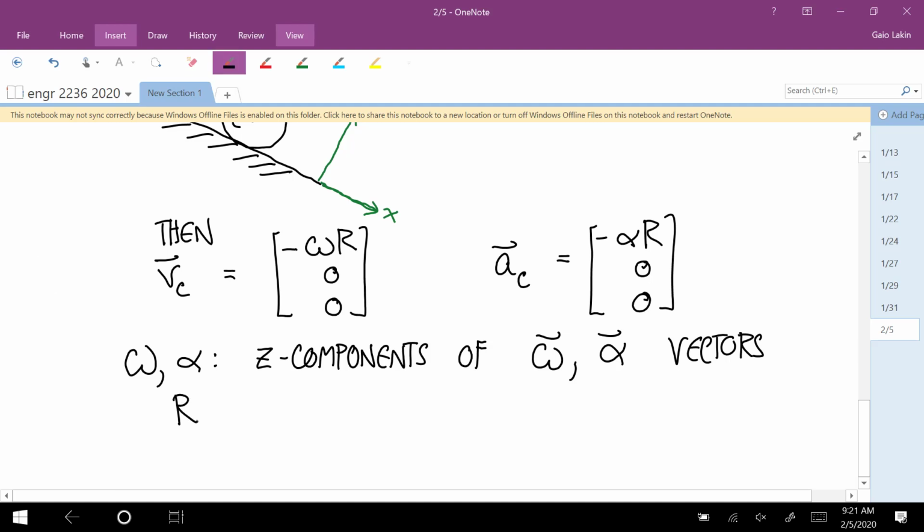And r is the radius of the wheel, ball, etc.